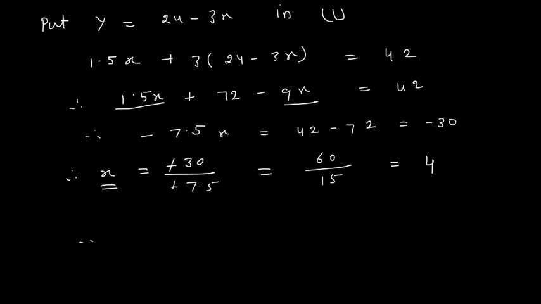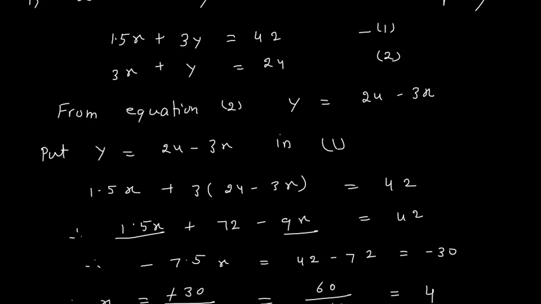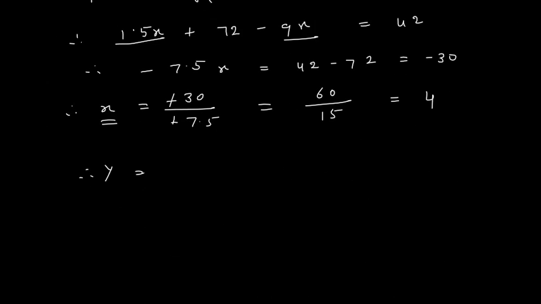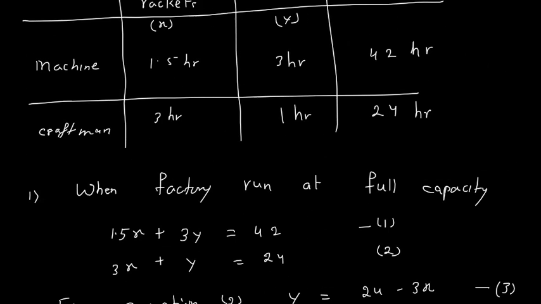Therefore the value of y from equation 3: y equals 24 minus 3x, which is 24 minus 3 into 4, so 24 minus 12 equals 12. So the value of y is 12, and x is 4. So I got the values of x and y.